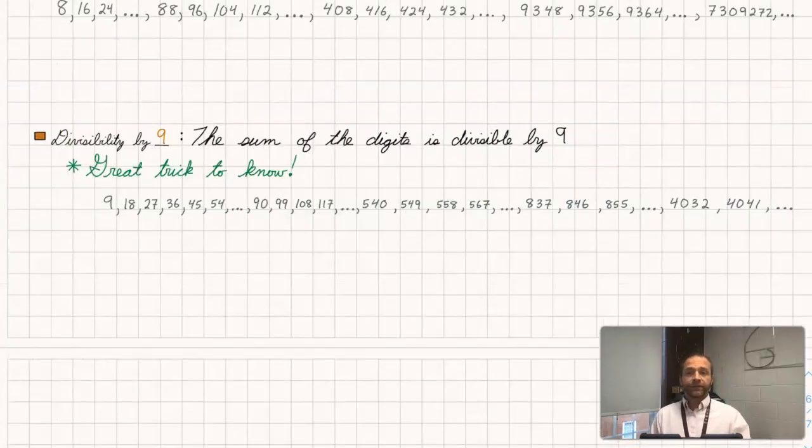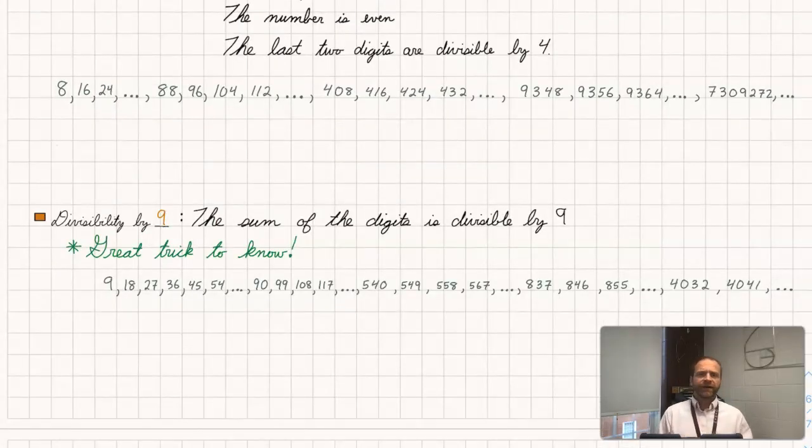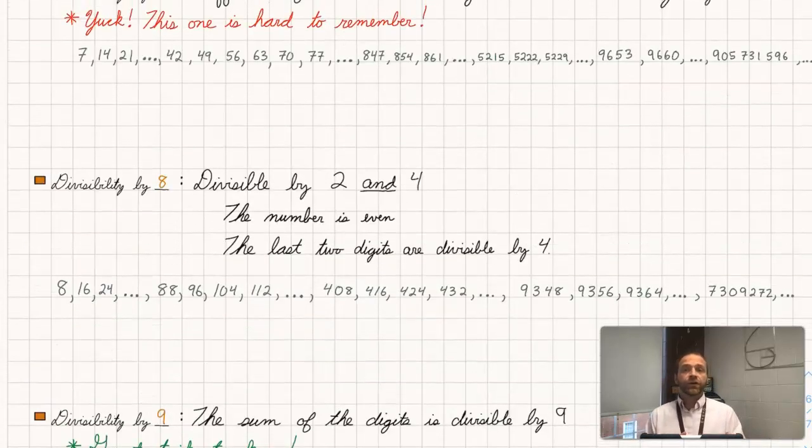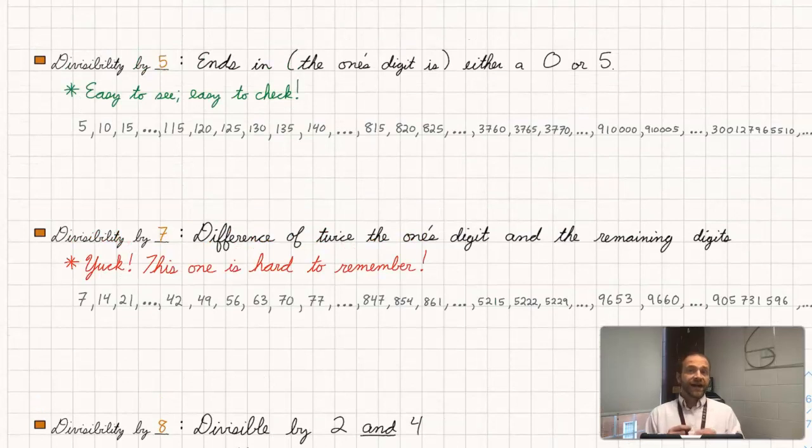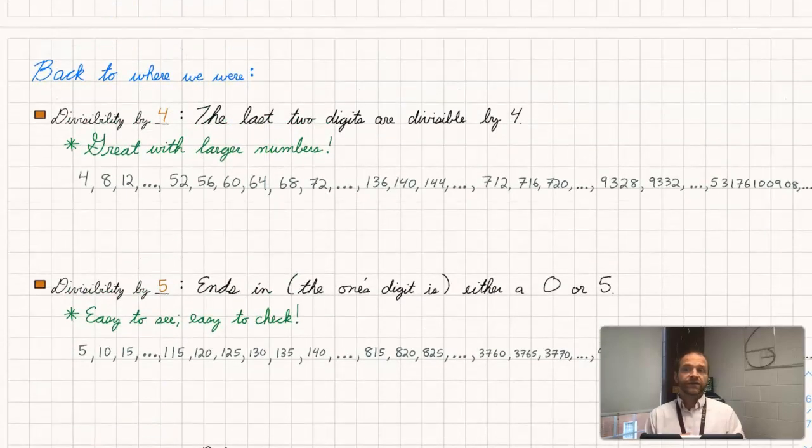Now, these are a lot of rules, and I understand that. We're looking at divisibility by 2, 3, 4, and you may go, how does this relate to prime and composite numbers? Well, if I want to check if a number is prime or composite, I have to see, do other numbers go into it besides itself and 1? Does 2 go into it? Does 4 go into it? Does 3 go into it?